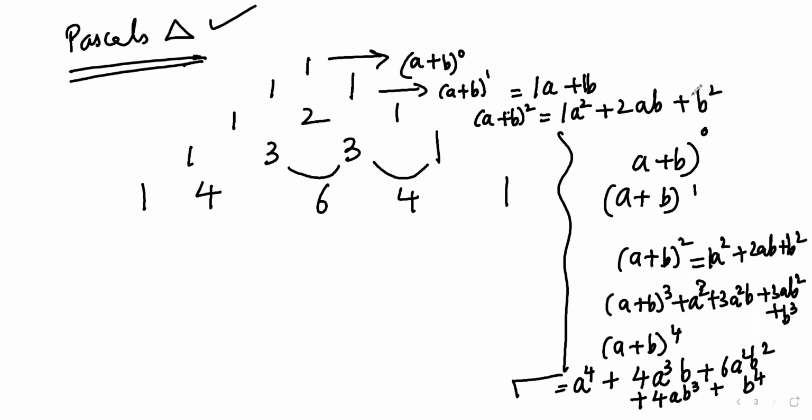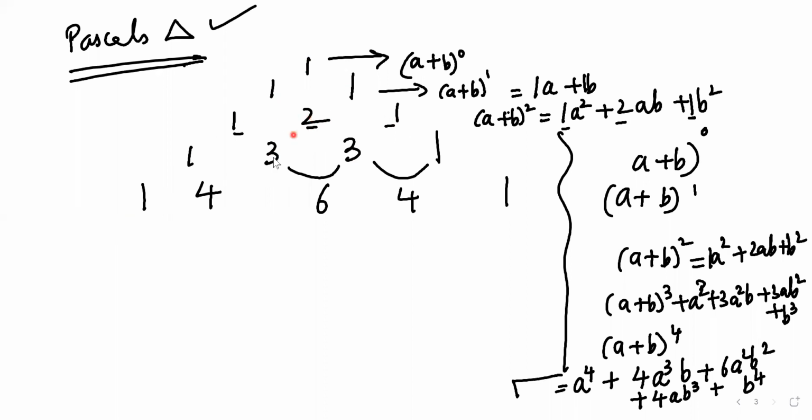The coefficients will be 1, 2, and 1. Got it? And now you see, how did I get this? 1 plus 1 is 2. 1 plus 2 is 3. Just follow the pointer, my torch. 2 plus 1 is 3. See this, you have a sequence of 1s which progress like this, likewise this way.